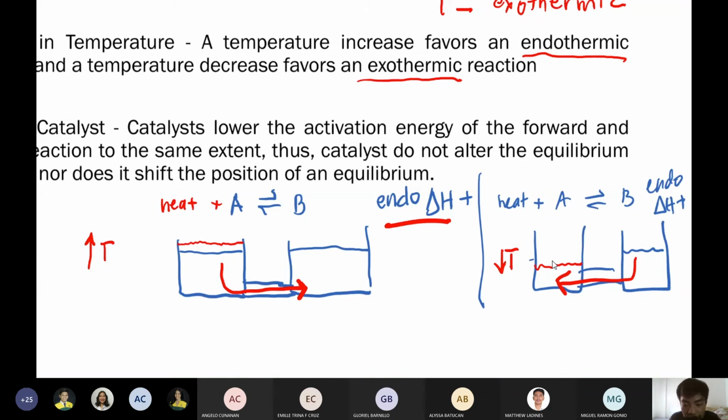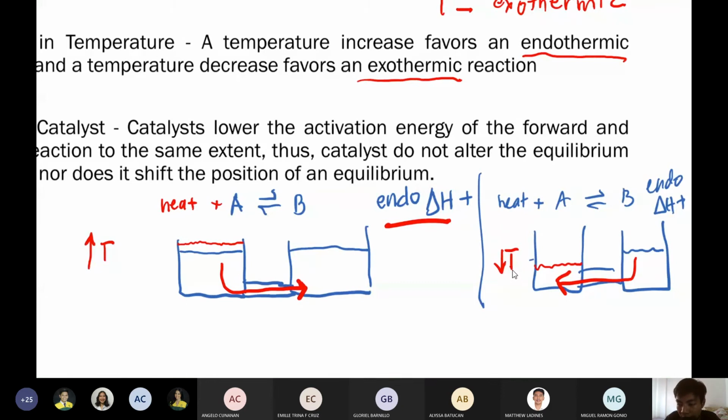In order to achieve the balance again, it will push the reaction to the left now. Okay? So, we can use our water bucket analogy. Okay, so again, increasing the temperature for endothermic will push the reaction to the right. Decreasing the temperature for an endothermic reaction will push the reaction to the left.